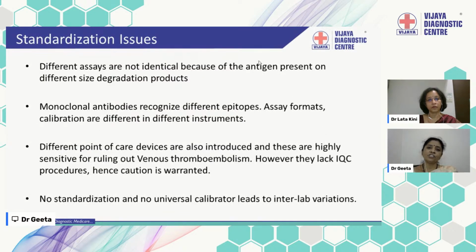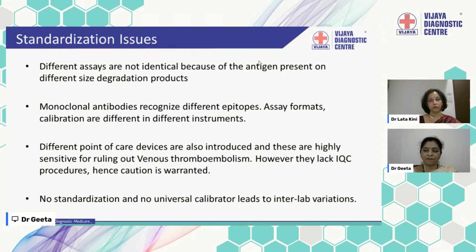The standardization issues among different assays are because of the antigen present on different size degradation products. Monoclonal antibodies recognize different epitopes, and also different instruments have different assay formats and calibrations. As you all know, when fibrinogen is broken down, we get multiple peptide fragments.